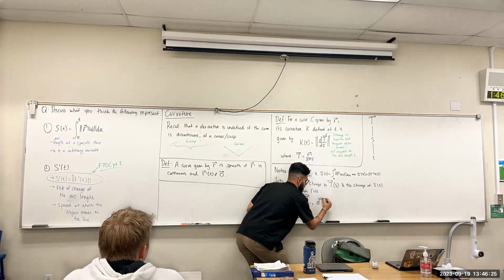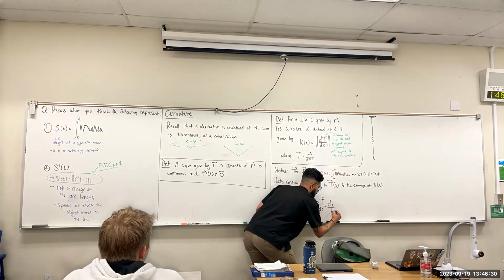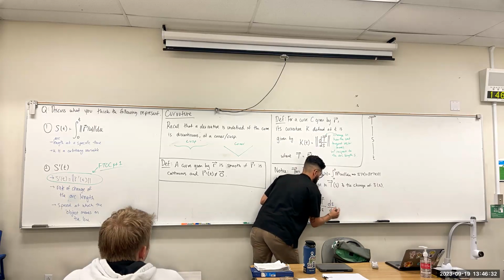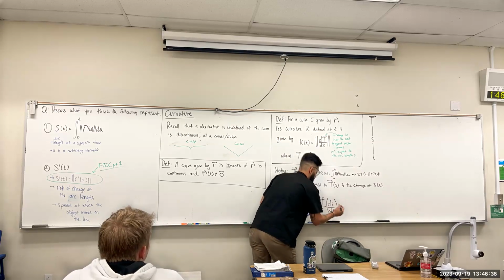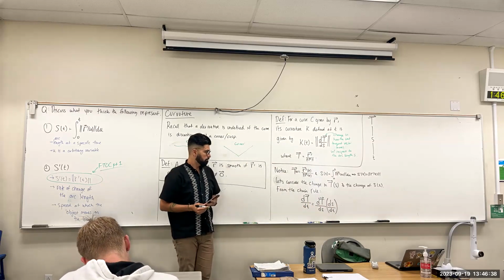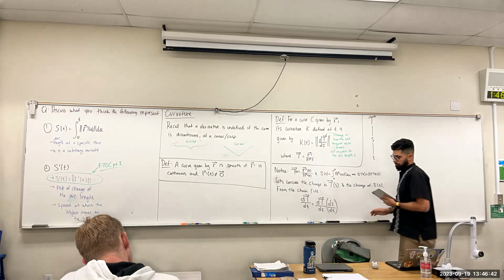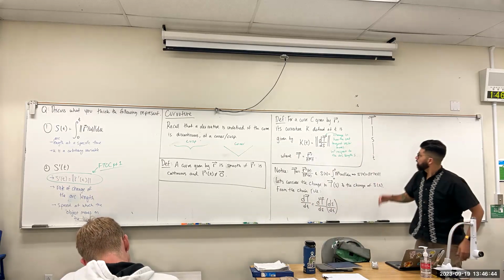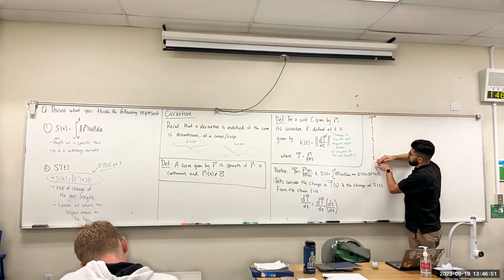And let me stop right here. I had it right. I want to figure out the rate of change of T with respect to the very most independent variable, t here.